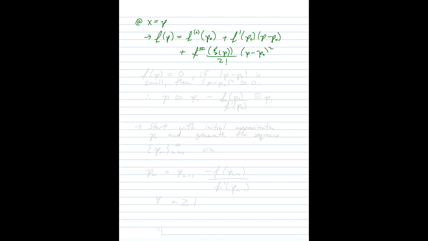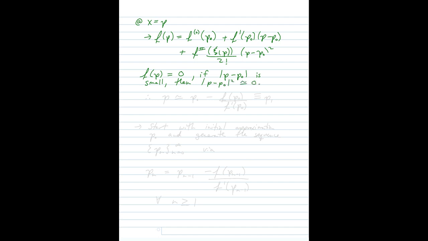We also know that because of the root, f of p is equal to 0. And that if the absolute value of p minus p naught is small, then of course (p minus p naught) squared is roughly 0.